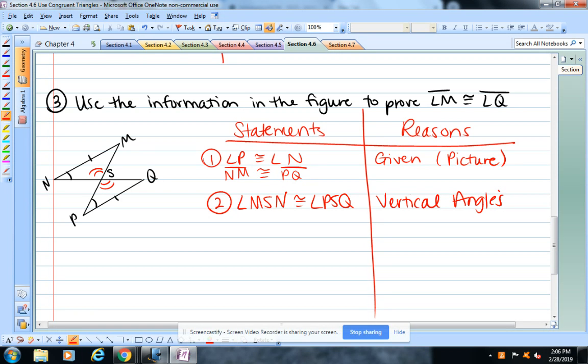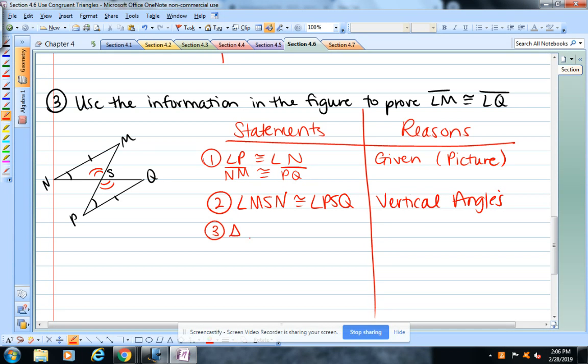How many sides and how many angles do I have marked? 2 angles and 1 side, right? Now, is the side inside the 2 angles or outside? Outside. So it's angle, angle, side. If it's between them, it's angle, side, angle. If it's outside them, it's angle, angle, side. Does that make sense?